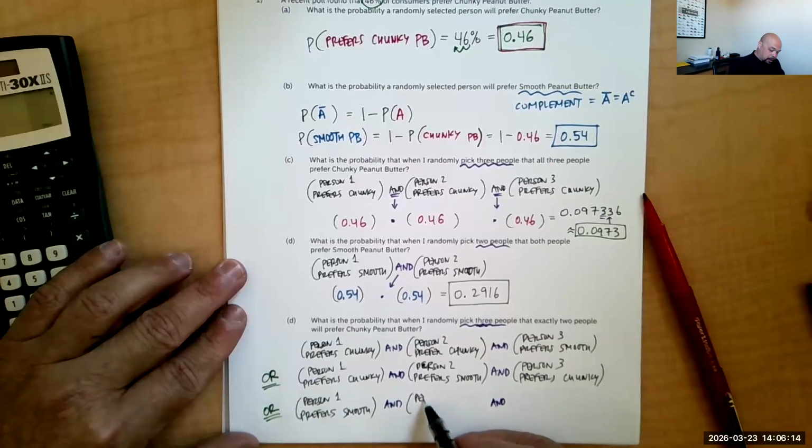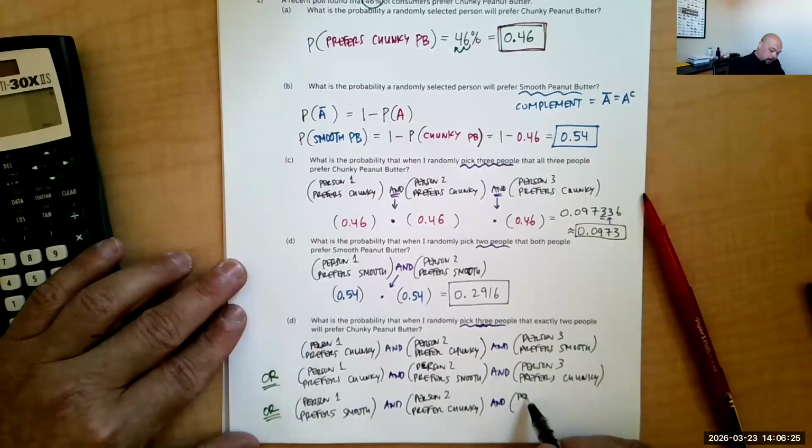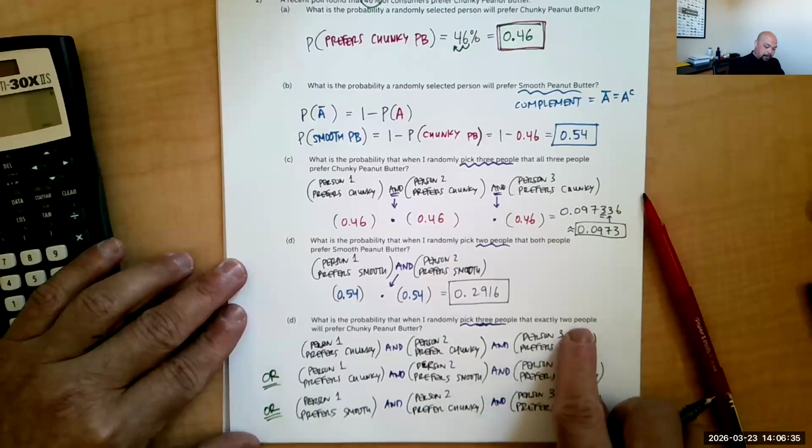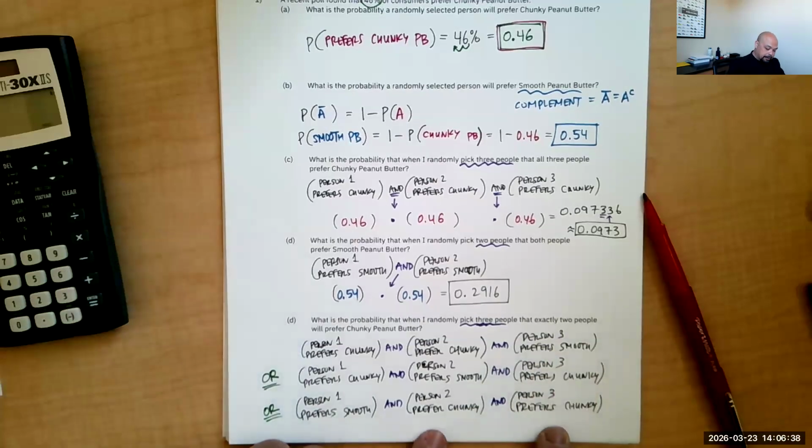The last 2 people are going to be the 2 that prefer chunky peanut butter. But in each of these possible outcomes of selecting 3 people, we have 2 people that prefer chunky peanut butter and 1 person that prefers smooth.